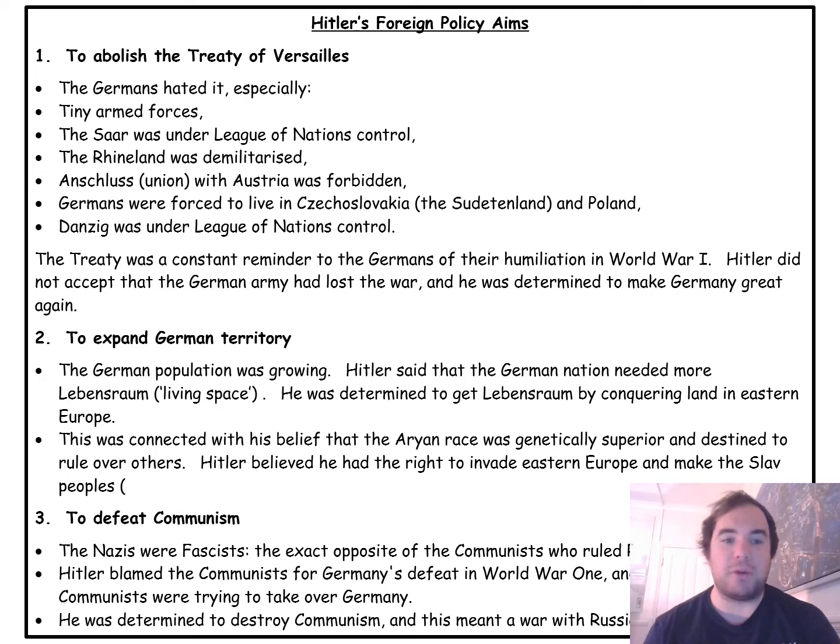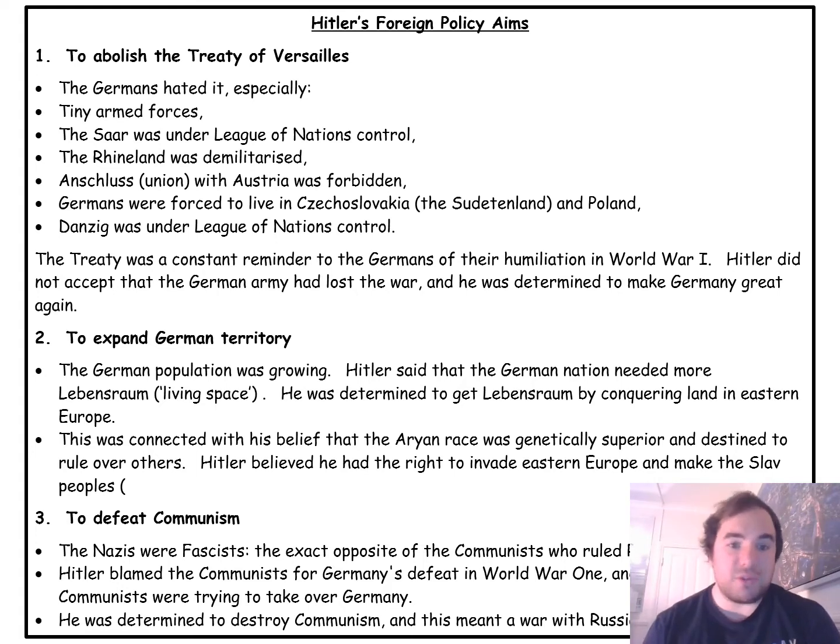and there was a lot of public support and understanding for the German point of view that the Treaty of Versailles was incredibly harsh. Moves like remilitarizing the Rhineland, for example, and Anschluss, could only be interpreted as aggressive moves.